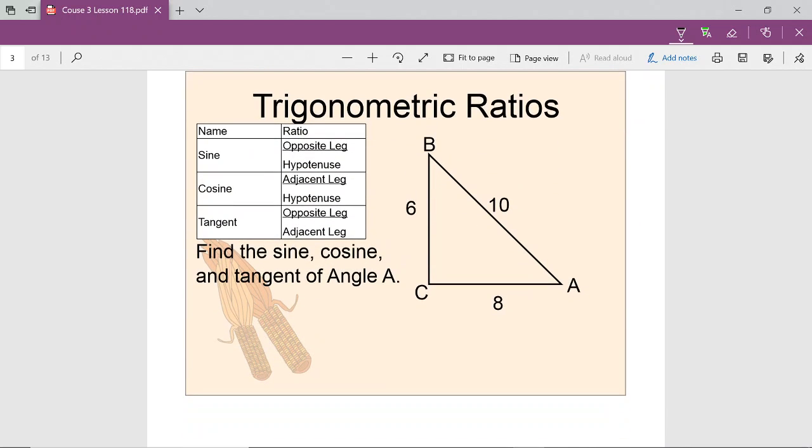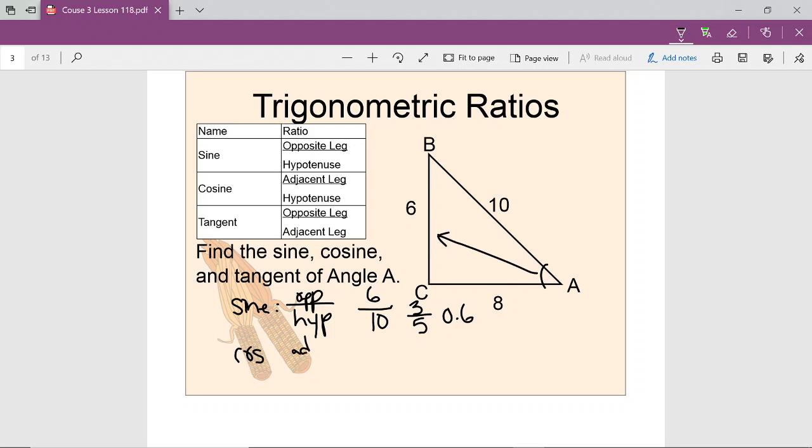So we want to find the sine, cosine, and tangent of this angle A right here. If I want to find the sine, I'm going to be doing opposite over the hypotenuse. So if I have this angle A, opposite of it is the side length of 6, and the hypotenuse is 10. So we would say the sine of this angle is 3/5 or 0.6.